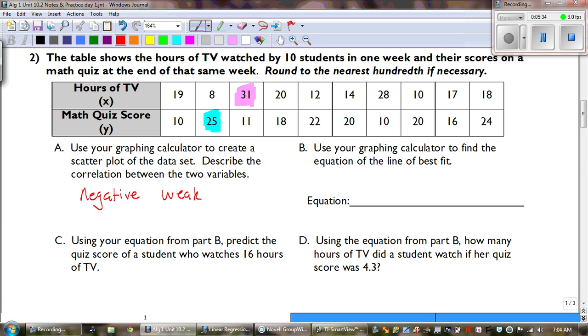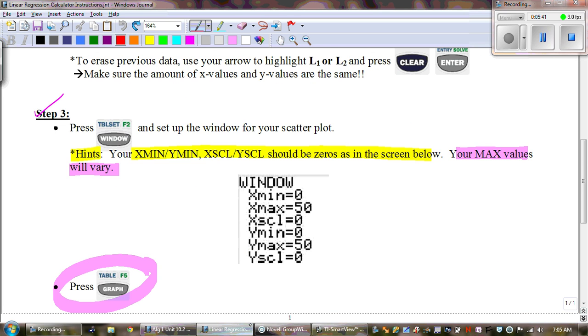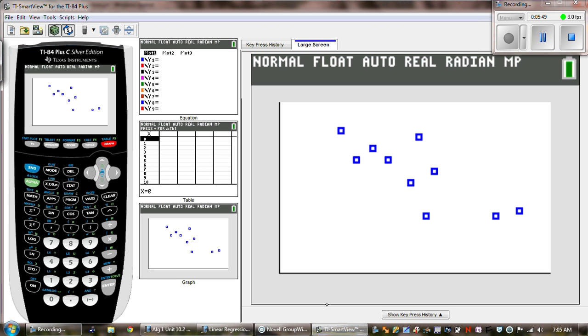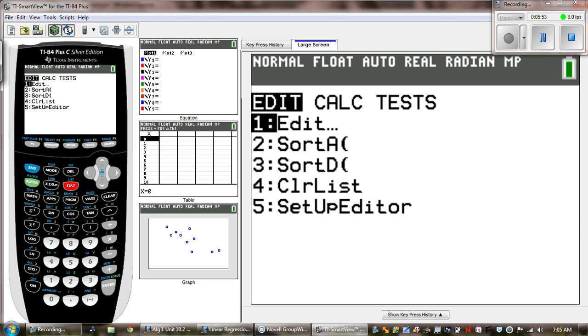All right, B says to use your graphing calculator to find the equation of the line of best fit. So to find the line of best fit, we're going to follow these steps, okay? So I'm looking at it on my separate sheet of paper. I'm going to hit Stat.